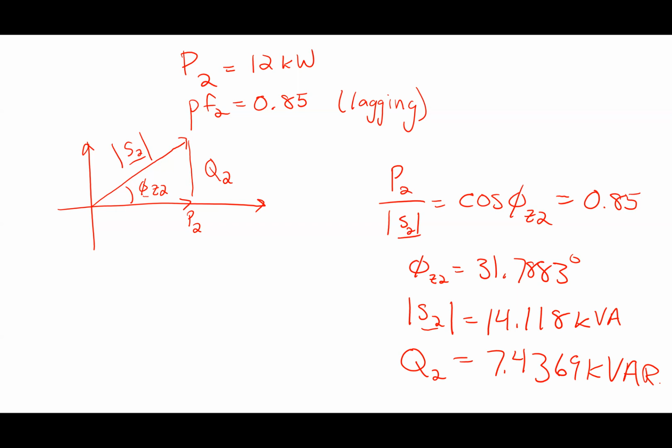In reality, it would be really weird for somebody to say the angle is 31.7883 degrees. No one knows an angle to that precision. At best you'd say 31, probably 30, to be honest. So normally, with something like this, I would probably say 14 kVA and maybe 7.4 kvar, if I was talking in reality.